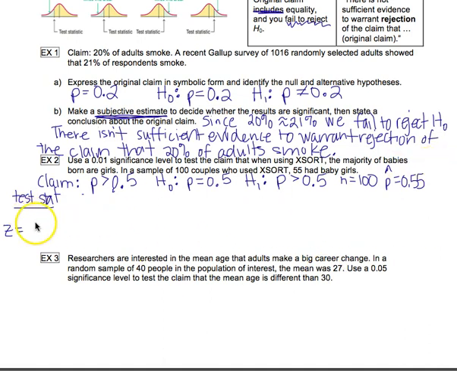So p hat is 0.55 minus p, which was 0.5, divided by the square root of p times q. If p is 0.5, then that means q is also 0.5. So this is 0.5 times 0.5, and then n, which is 100.